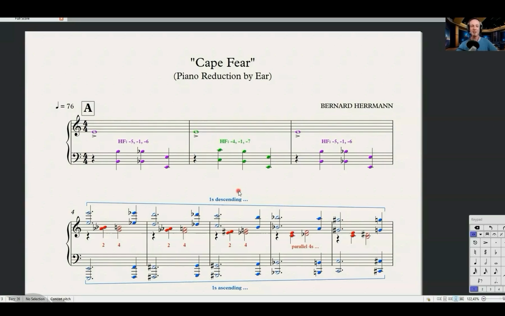And that is an interesting technique that Bernard Herrmann does throughout the whole piece. Very seldom you have the impression that this is all based on a clear tonal center and it follows some strict progressions in harmony. It actually does not. And partly the reason for that is he is very flexible with where he puts the ones.